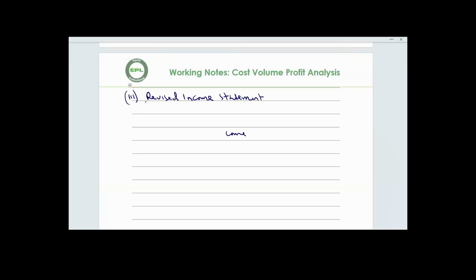The income statement given to you in the question will change slightly since we are told that fixed costs will increase. So in this case, our sales value will remain the same as given, which is 1 million naira.